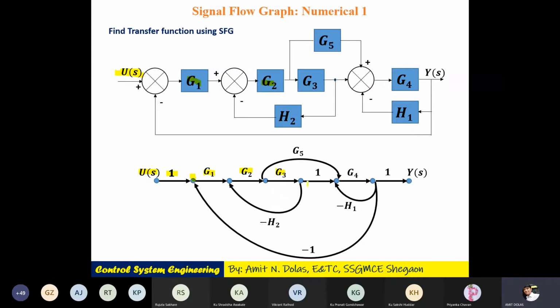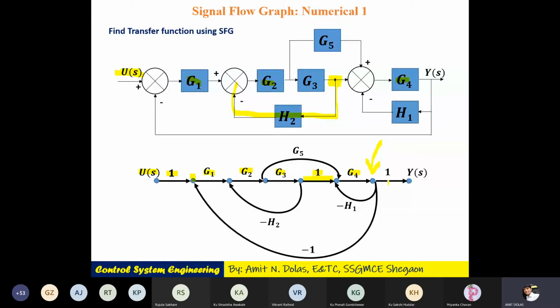But after G3, we have one takeoff point here. I hope the highlighter is visible. Just after G3, there is a takeoff point and a loop is passed through the feedback component H2. Therefore, we will be using one small branch, which is 1. Then lastly, G4. You can directly write Y of S just after G4.